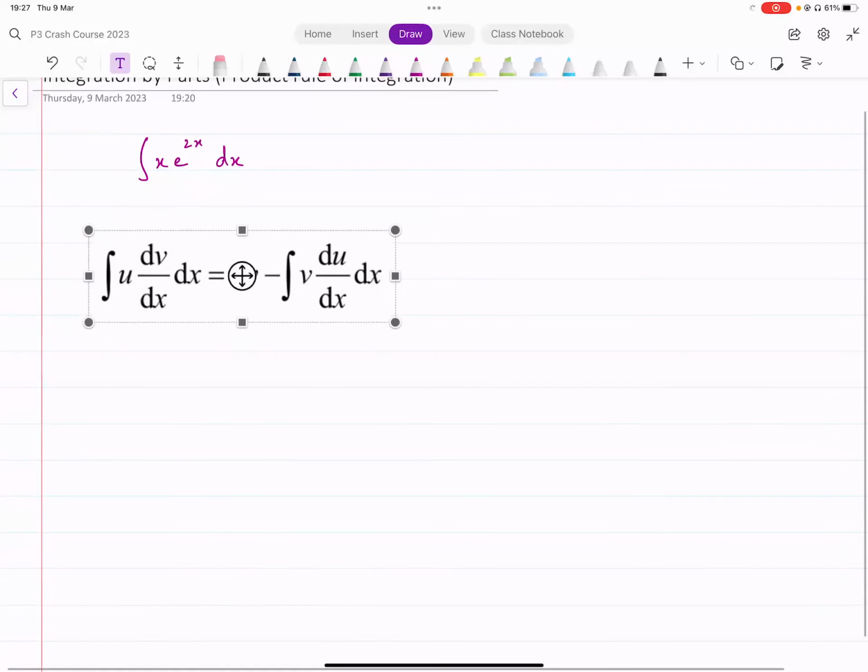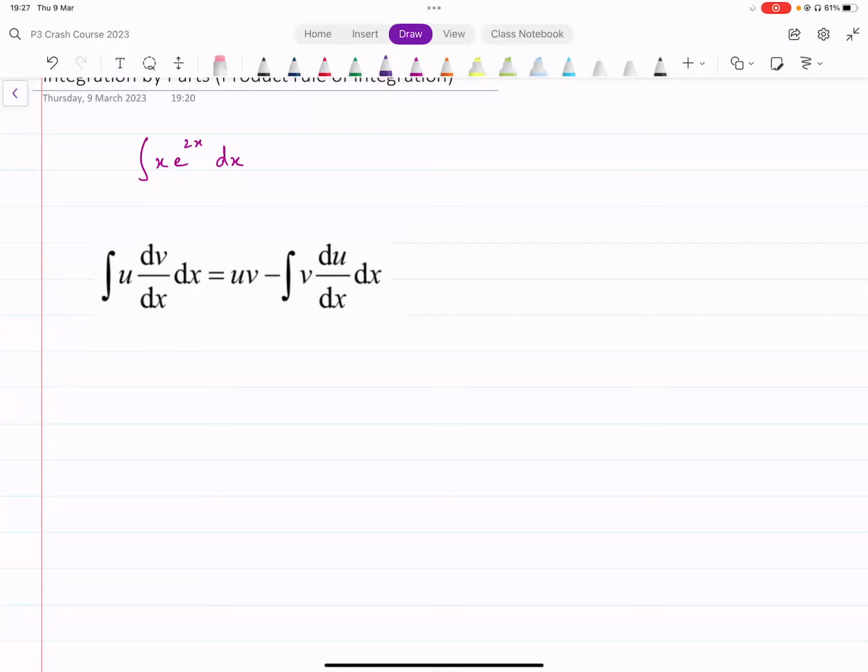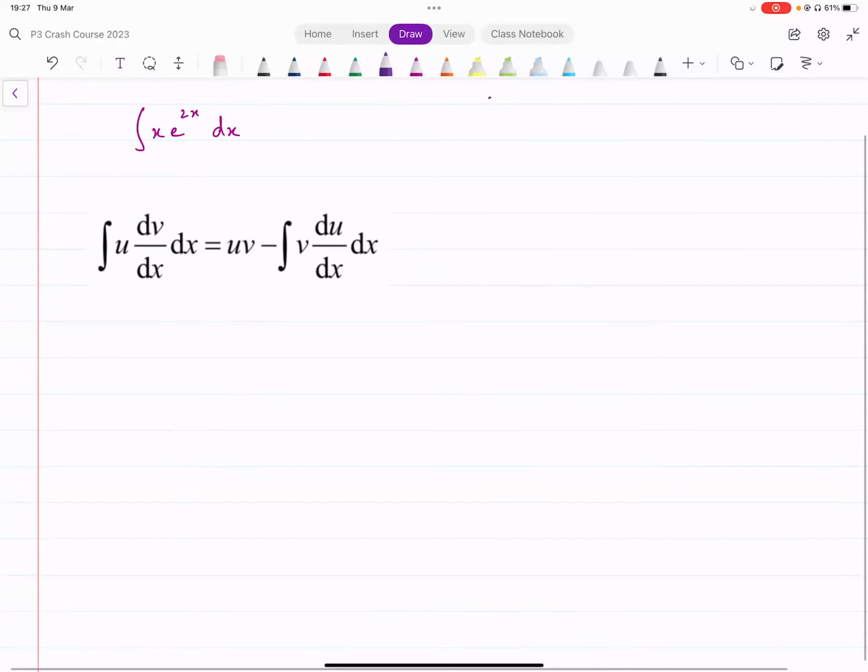Okay. Now, how do we use this formula? Let's try to think about this. How it works is we have two expressions on the left side here in our integral. In the original integral that we have above, one expression is x and the other is e raised to power 2x.